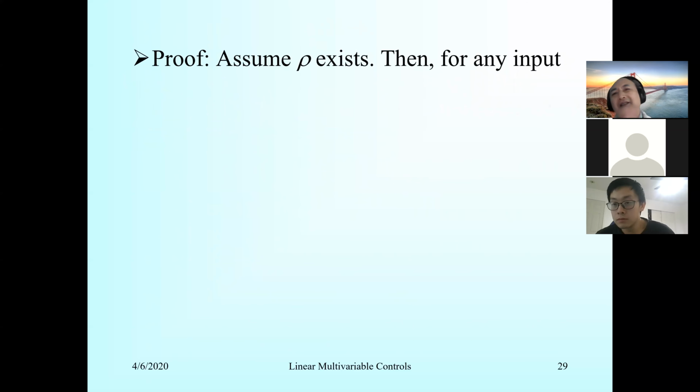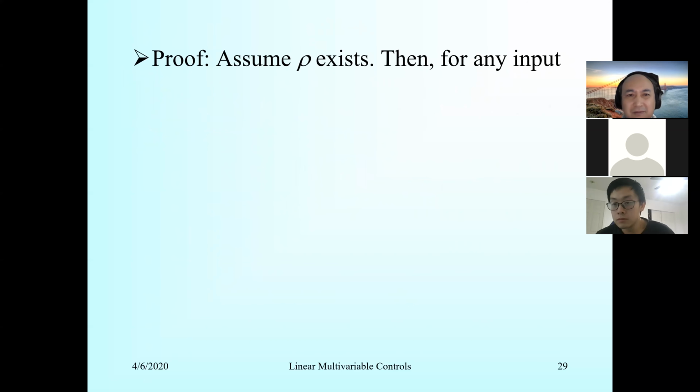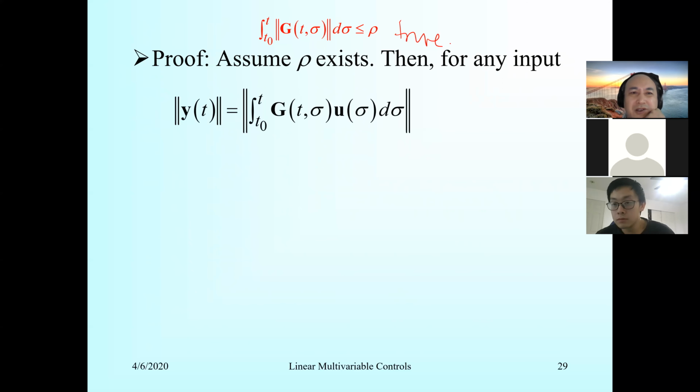So how do we prove that? I think it's a good idea to go through it. Let's assume we can find such a rho. This rho exists, so this is true. That means my output is a function of that, a summation of everything.